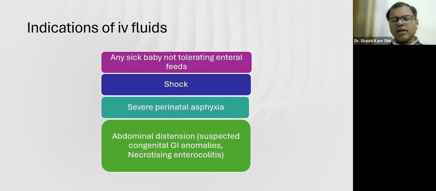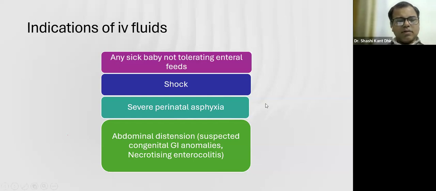But even before that, if the baby has got altered aspirate or mild abdominal distension and the abdomen is tense, or any kind of thing where we suspect that the baby will not be able to tolerate the oral feed, we should start IV fluid in those babies, right? So it is important that we should be able to start.